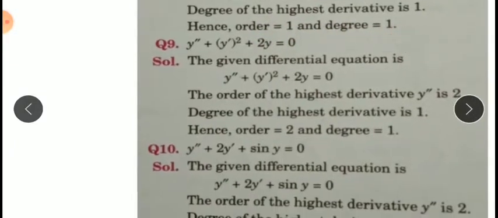See next question. (Y double dash) plus (y dash) whole square plus 2y is equal to 0. Y double dash means d2y by dx2. d2y by dx2 means order is 2. What is its whole power? Its whole power is 1. Means order is 2, degree is 1.